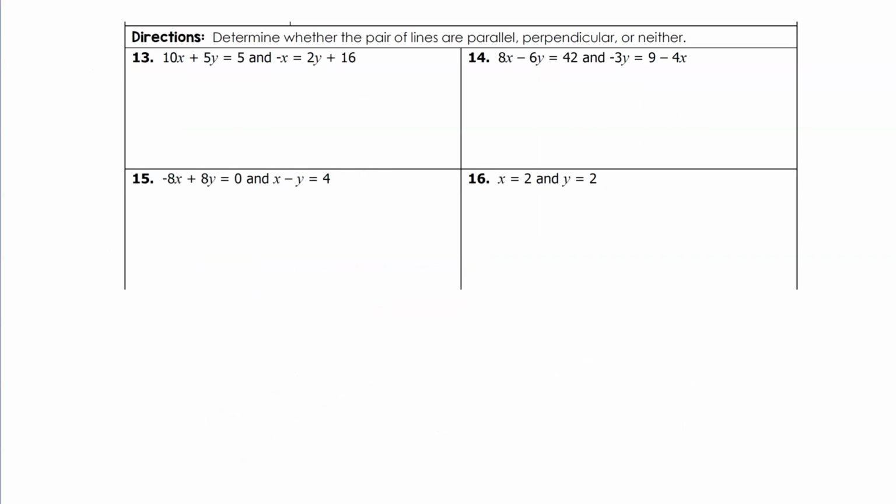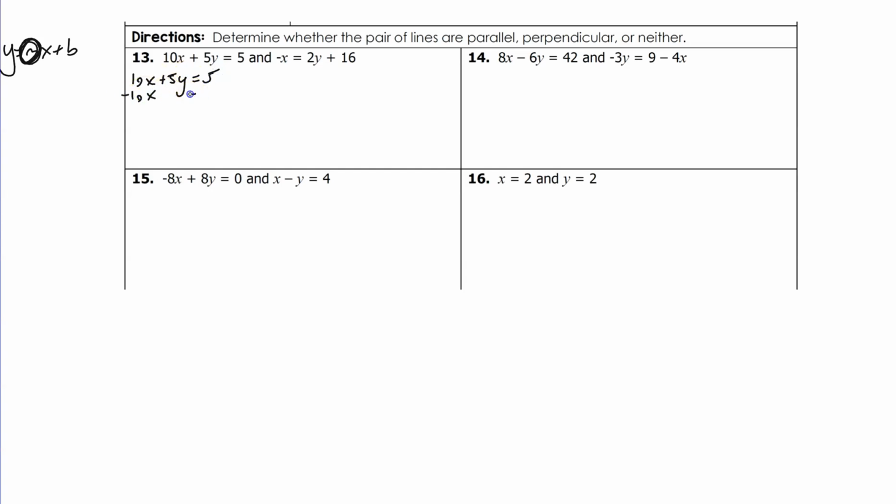All right, so let's try 13. Determine whether a pair of lines are parallel, perpendicular, or neither. So what we need to do is get each one of these lines into slope-intercept form, because all we need to know is that slope, that m. Once we can examine the slope, we know if they're perpendicular or parallel. So when I look at this first equation, I have 10x plus 5y equals 5. I want to get the y by itself.